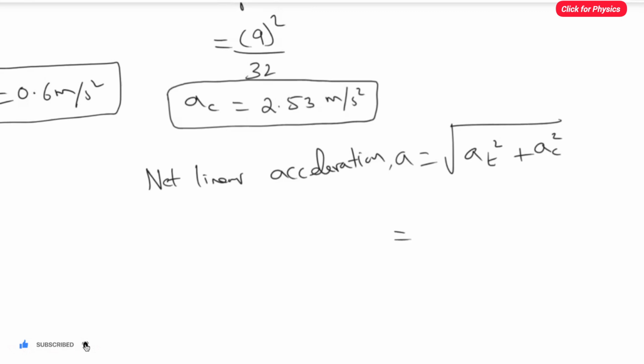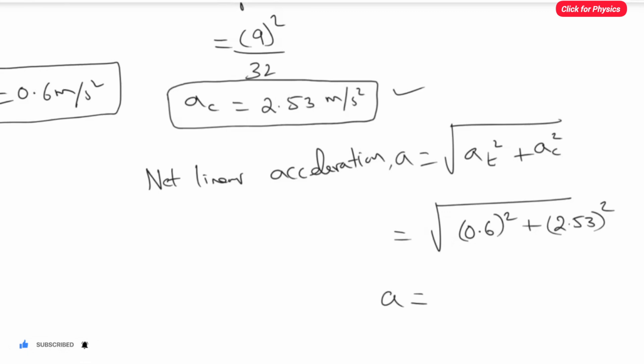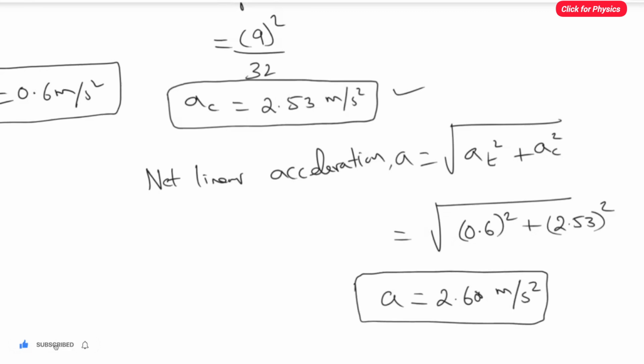The value for tangential acceleration is 0.6, so I have to square this number, plus the centripetal acceleration we just got as 2.53, so I have to write 2.53 square. Here I got the answer as 2.60 meter per second square. This is our net linear acceleration. So this is the answer for the first question.